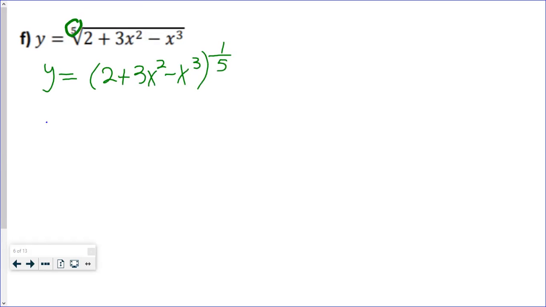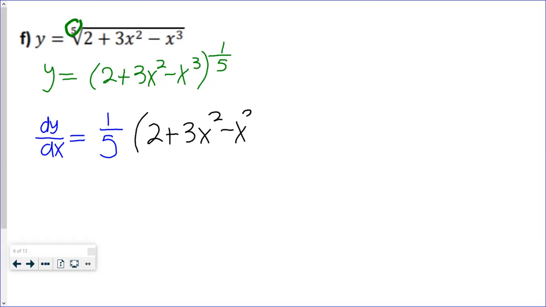So dy over dx, I'm going to bring that 1/5 down. I'm going to write my 2 plus 3x squared minus x cubed to the power of 1/5.